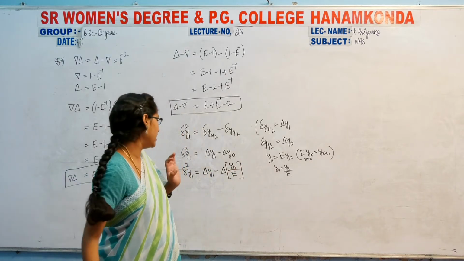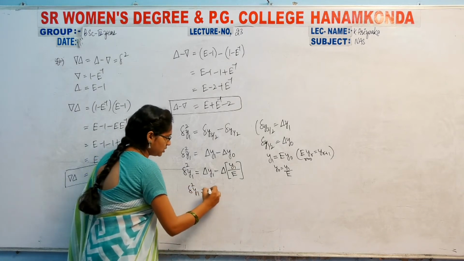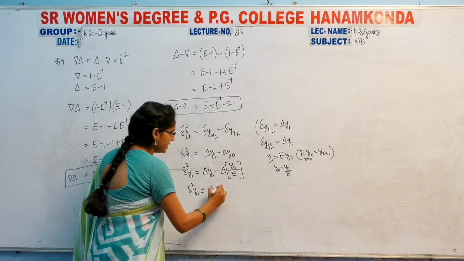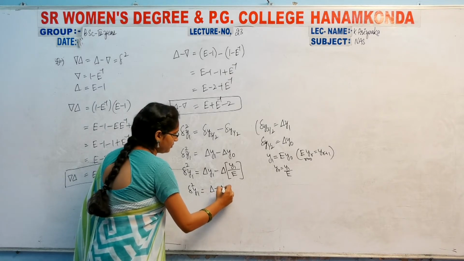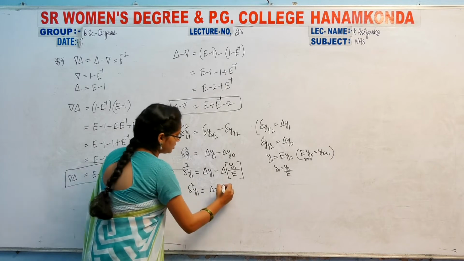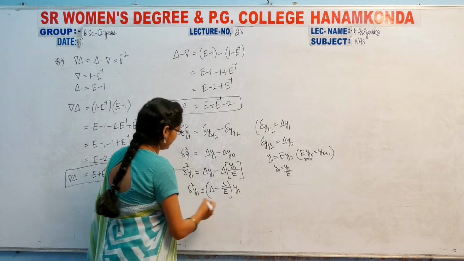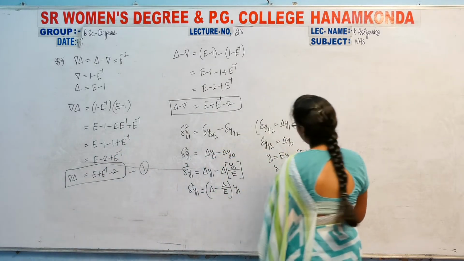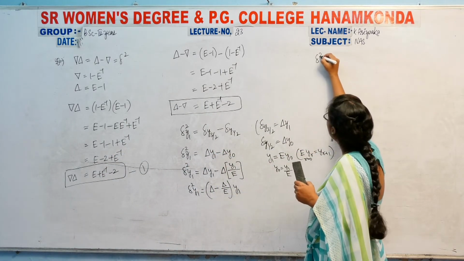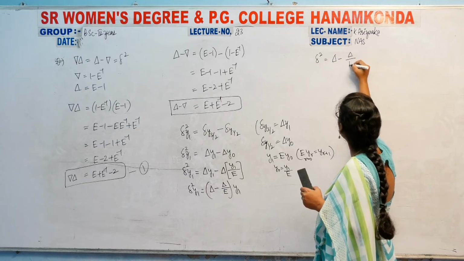So then here I am taking that del square y1 is equal to del minus del of, otherwise here what we can take, y1 common, so that's why del by e of y1. Now y1 gets cancelled, so then what we get, gamma square is equal to del minus del by e.